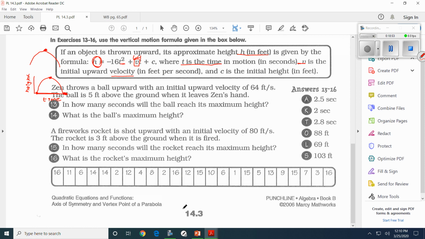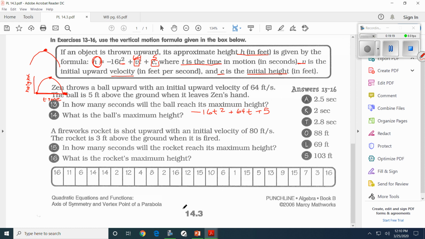The ball is 5 feet above the ground when it leaves his hand. Well, notice here that c is the initial height. So in place of c, we put 5. It told you what numbers to plug in. So now your equation is -16t squared plus 64t plus 5. All you had to do is plug in 64 and 5 to that equation.